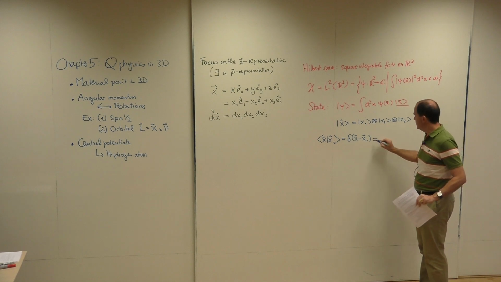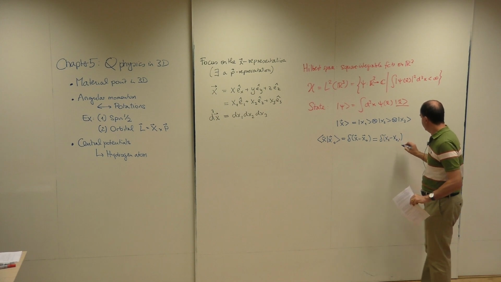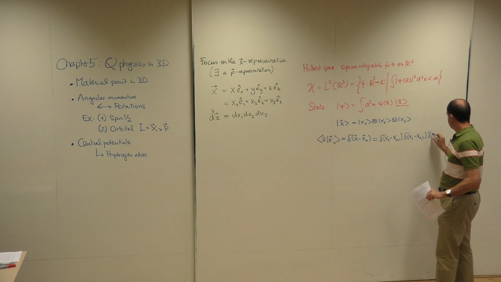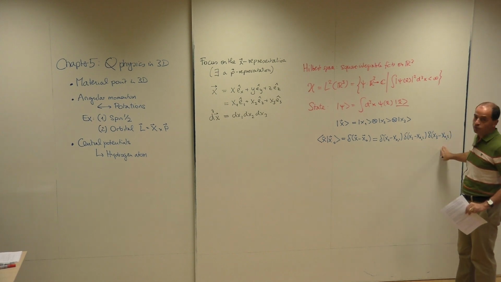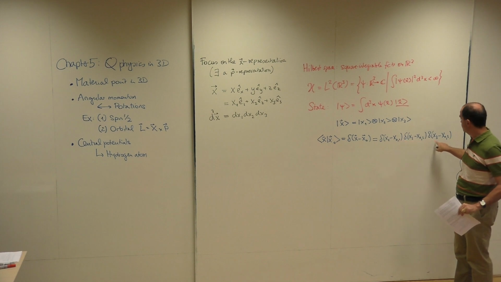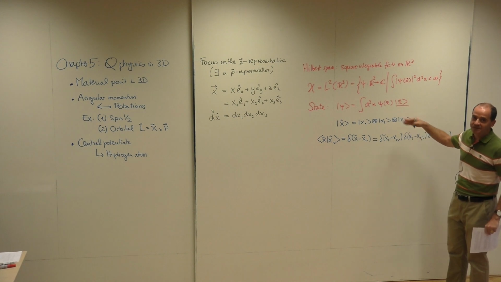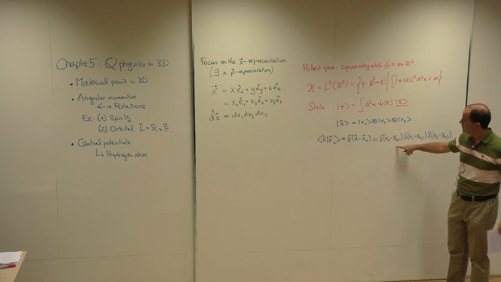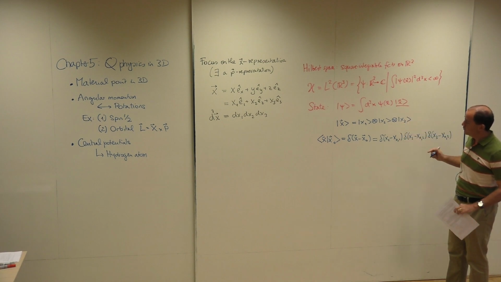So this is actually equal to delta of x1 minus x0 component 1 times delta of x2 minus x0 component 2 times delta of x3 minus x0 component 3. So here, at the level of the wave function, you see very clearly there is a product structure between 3 wave functions. And these, which I'm not going to use anymore in this course, would be the abstract vector version of this product structure. Okay? I'm going to use these only now just to show you what the position operator is.